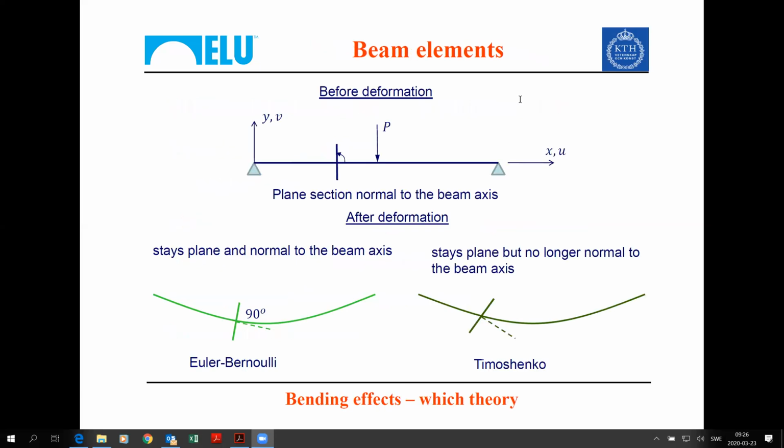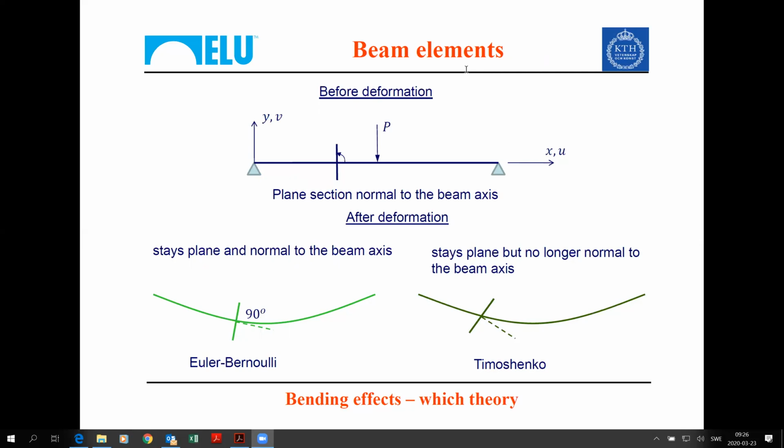So, if we are talking about beam elements, let's recall, because you've seen this before, the kinematic assumptions behind beam theory. How do we assume that the body of the beam deforms? Well, first and foremost, we assume that plane sections normal to the beam axis stay plane.